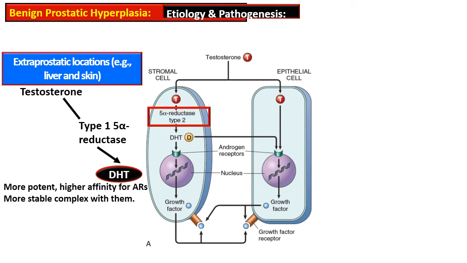So now dihydrotestosterone is present in this microenvironment, and it is arising from two sources, the extraprostatic source and the prostatic source. This dihydrotestosterone binds to the androgen receptors that are present in both the epithelial cells and the stromal cells of the prostate tissue, and dihydrotestosterone has a higher affinity for the androgen receptor and forms a more stable complex than testosterone.